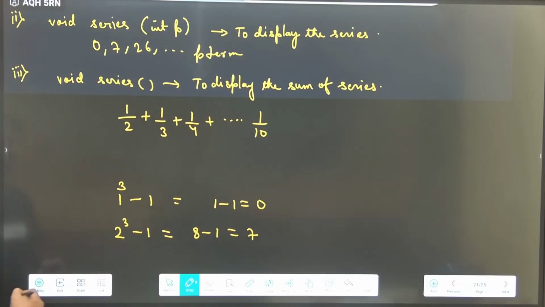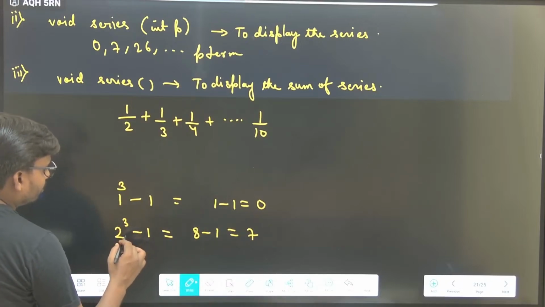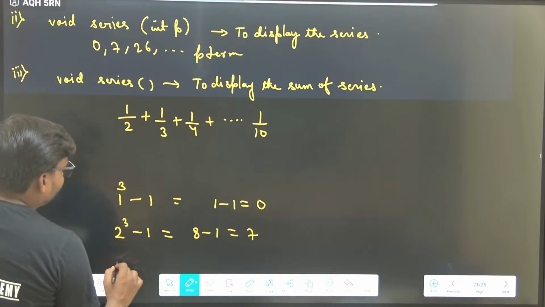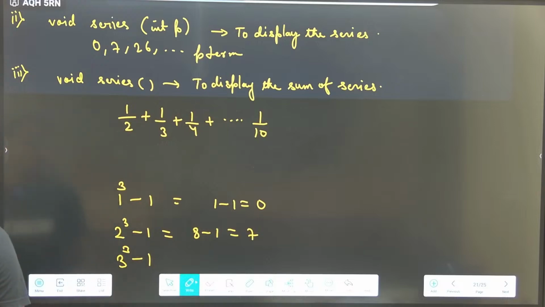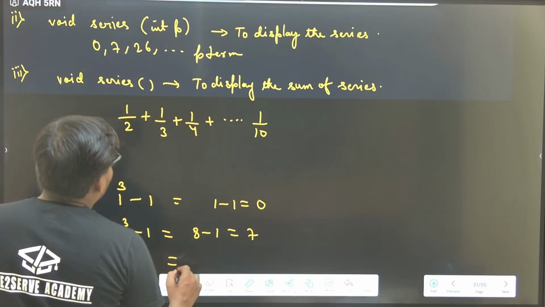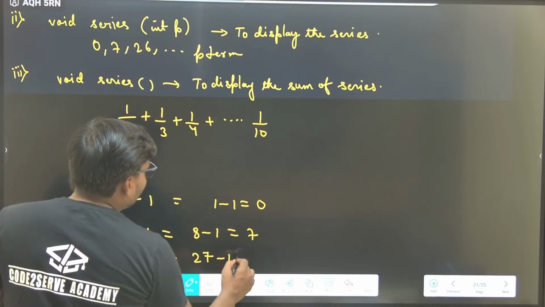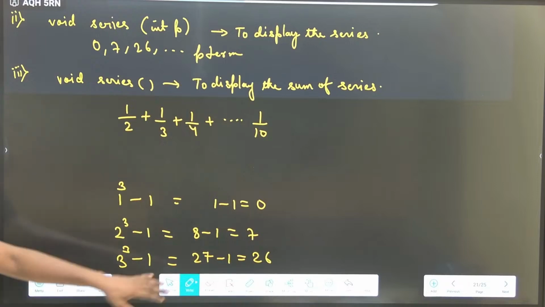Now third, if you take an example, 3 to the power cube minus 1, this is 27 minus 1, that is equals to 26.